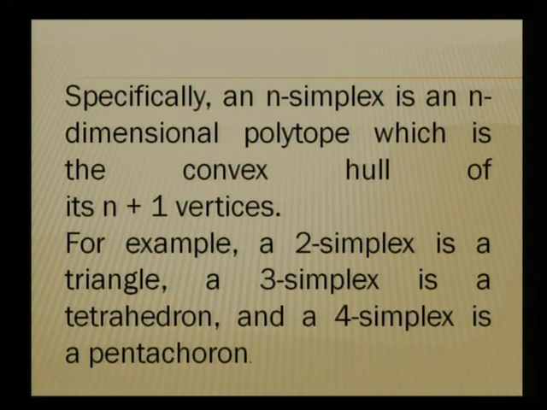If you look at a 2-simplex, then it's a triangle: a 2-dimensional figure with 3 vertices, one more than the dimension. If you go to a 3-simplex, it's a 3-dimensional figure with 4 vertices. We call it tetrahedron, and so on.